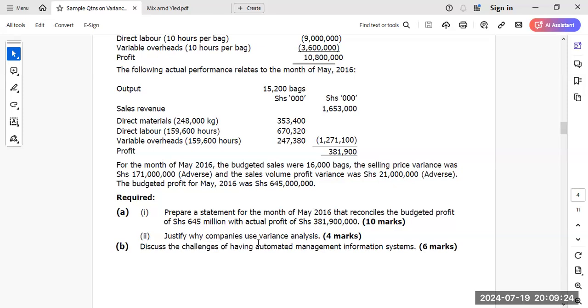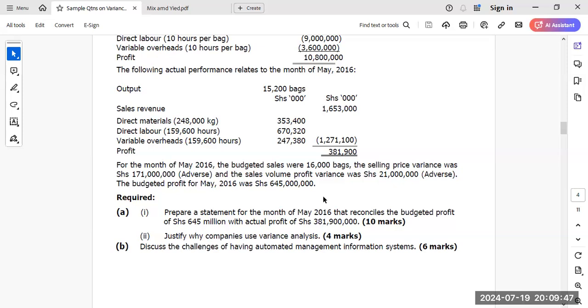And the actual profit at the end should be 321,900,000, just that I said you change this to 2. So at the end of it all, the actual profit should be that amount.